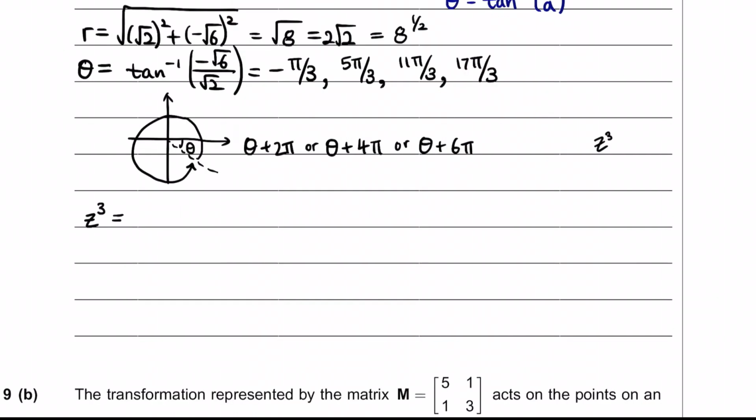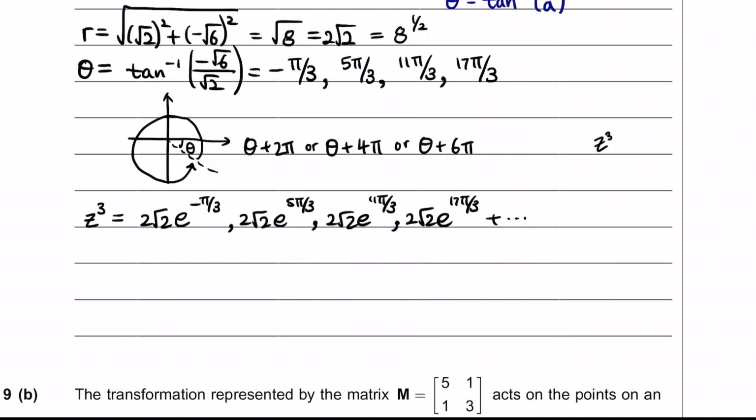So our equation is that z to the power of 3 is either 2 root 2 e to the power of minus pi over 3, or 2 root 2 e to the power of 5 pi over 3, and so on. These are all the possible answers.